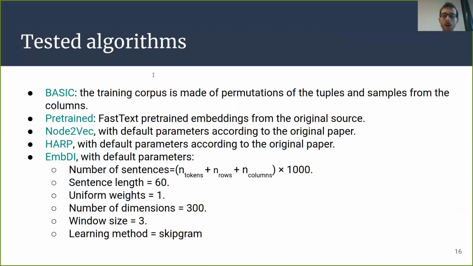Both Node2Vec and HARP are graph embeddings algorithms which generate embeddings starting from the graph we built using the input relation. I would like to point out that it would not be possible to generate the embeddings using these algorithms without a method for translating a table into a graph. For these algorithms, we use the default parameters reported in the original papers. Finally, we test MD using the parameters shown below, unless otherwise indicated.